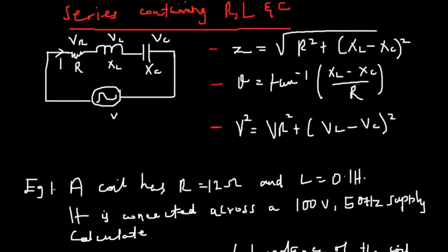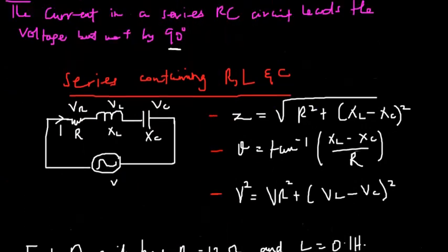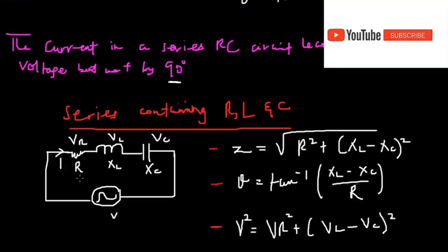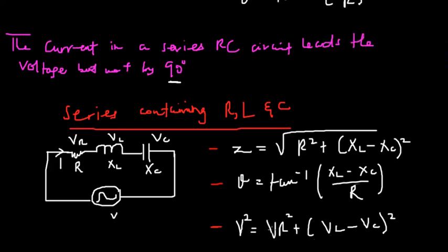Now let's look at the combination of all three. For the combination of all three we have this simple circuit, and then we have our impedance. For all three, this is how the impedance will look. But let's first look at the Pythagoras arrangement. We have V squared equals V subscript R squared plus V subscript L minus V subscript C, all squared.